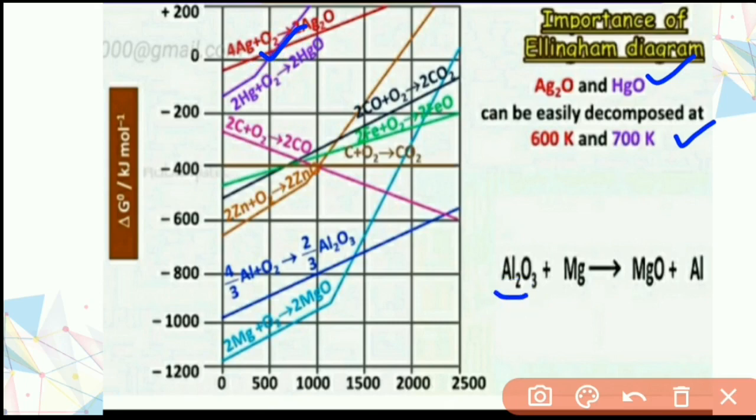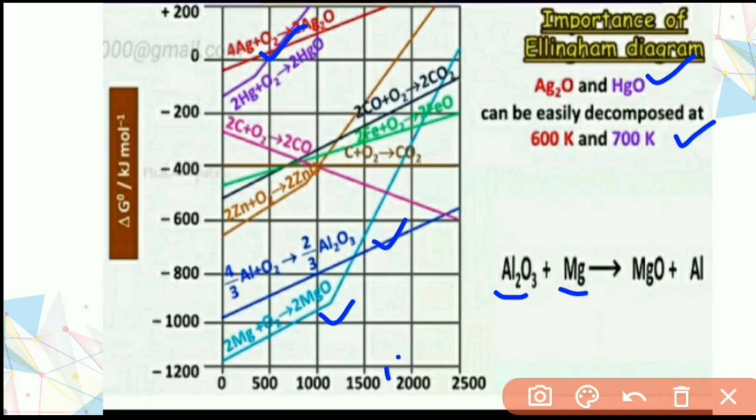Aluminium oxide can be reduced by magnesium because if we look at the plot for the formation of the two oxides, magnesium oxide and aluminum oxide, we find that the del G value of aluminum oxide at temperatures below 1623 Kelvin is less negative than that of magnesium oxide.